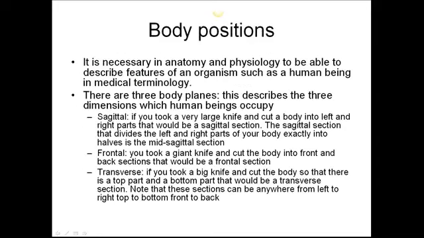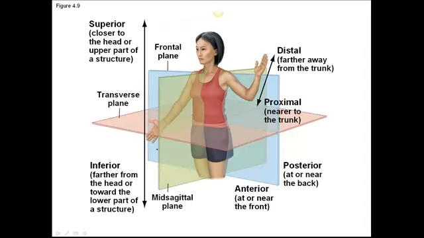So we're going to talk about body positions, and I'm just going to show you these pictures. We have three different planes that we talk about. A plane is one of these, this pink thing or this blue thing or this green thing. It divides you into sections so that we can better describe bodily tissues.